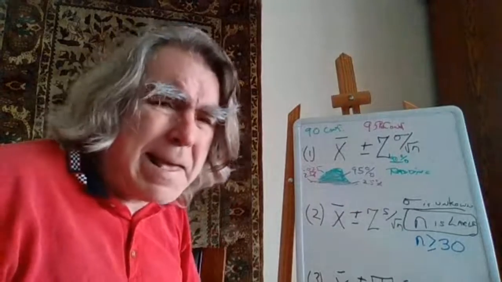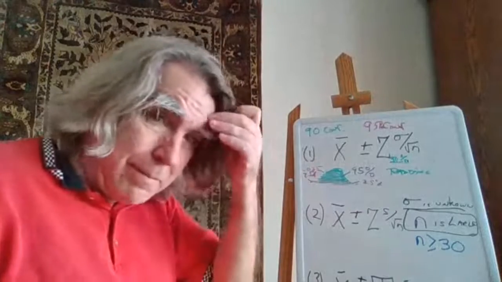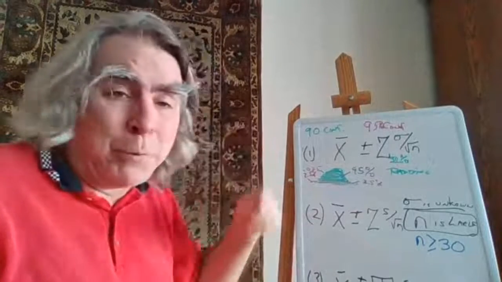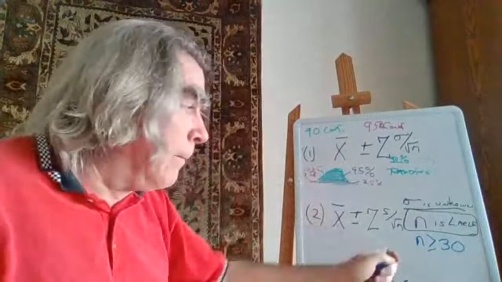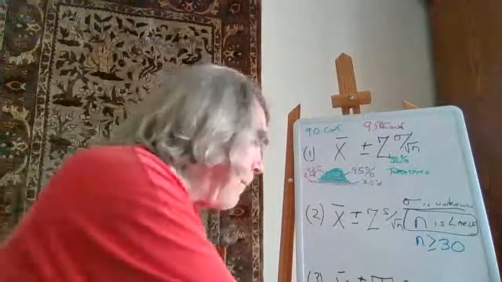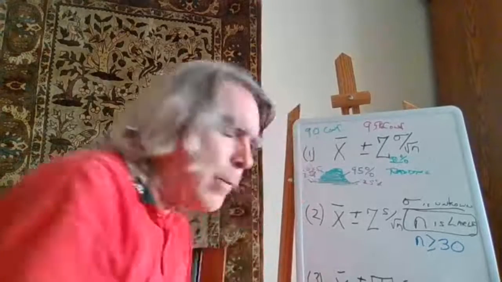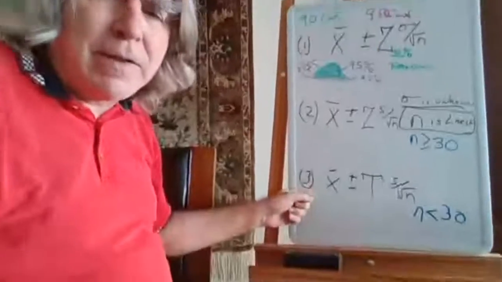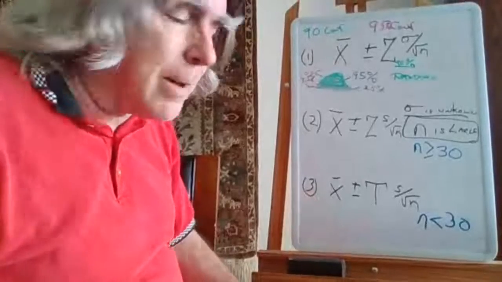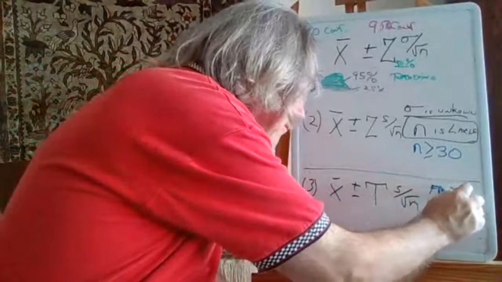Technically it's not right, but it's not going to change the outcome noticeably. We're just going to go with it. Which leaves the question, what happens when n is less than 30? Well, that's when we're going to use this formula on the bottom, and that's the issue for Friday.